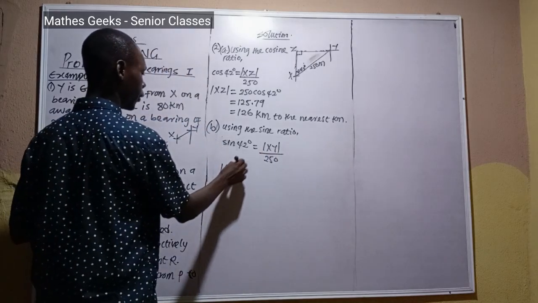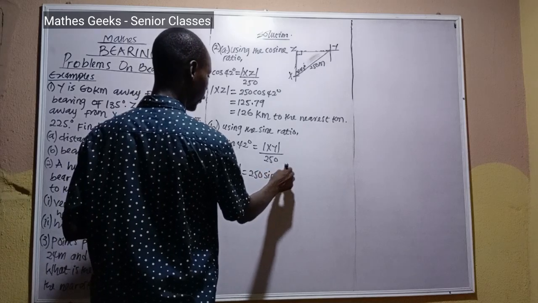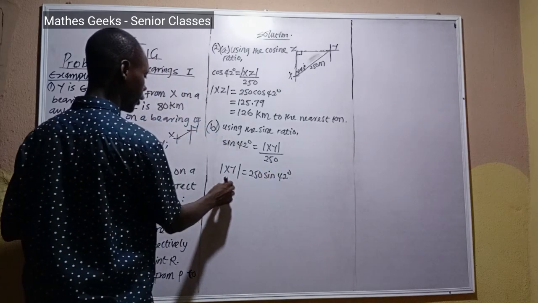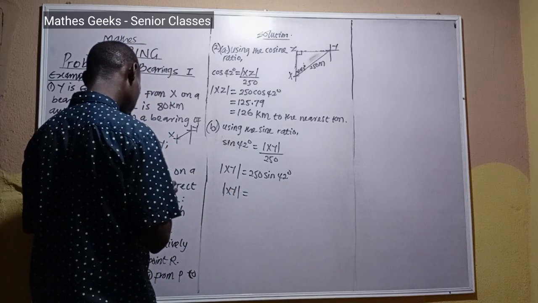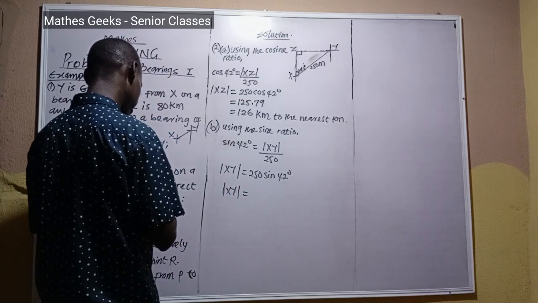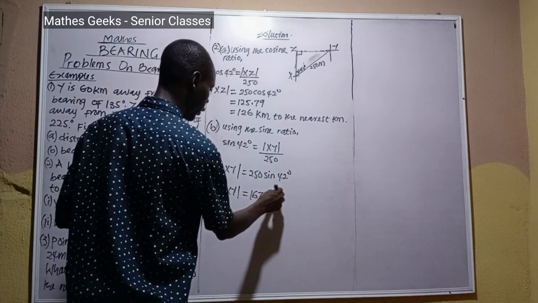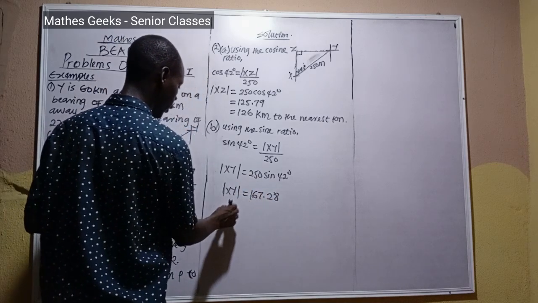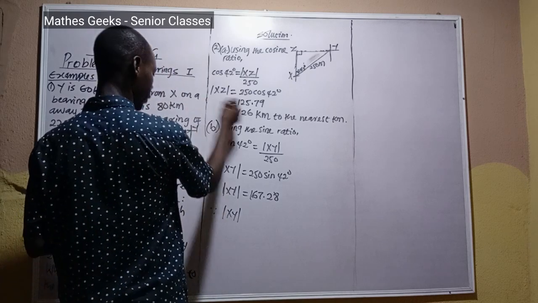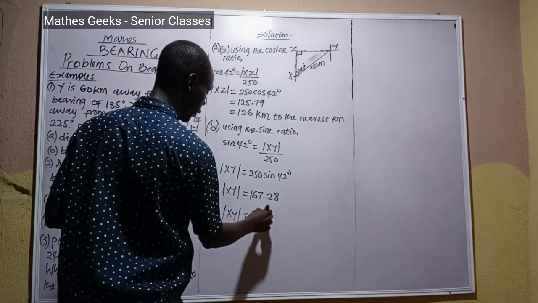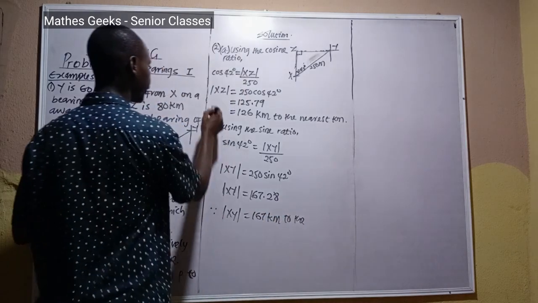So line xy is equal to 250 sine 42 degrees, which is 167.28. So line xy is 167 kilometers to the nearest kilometer.